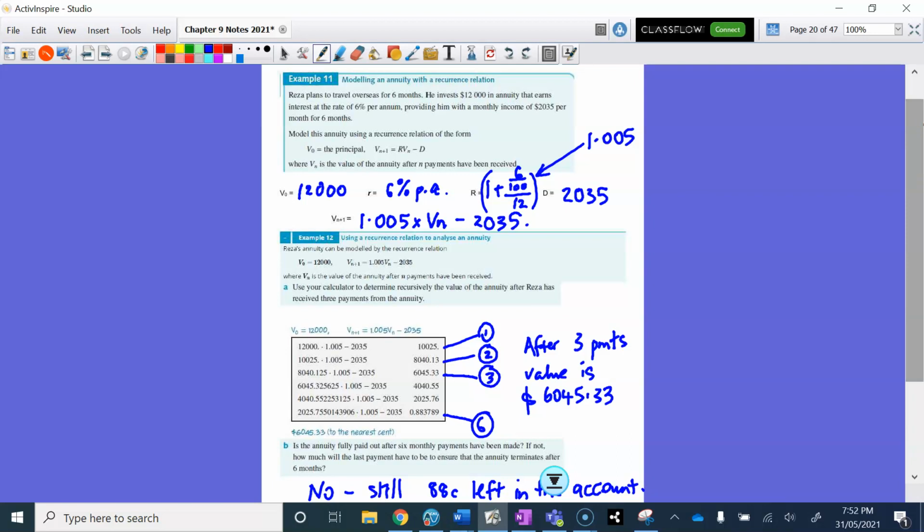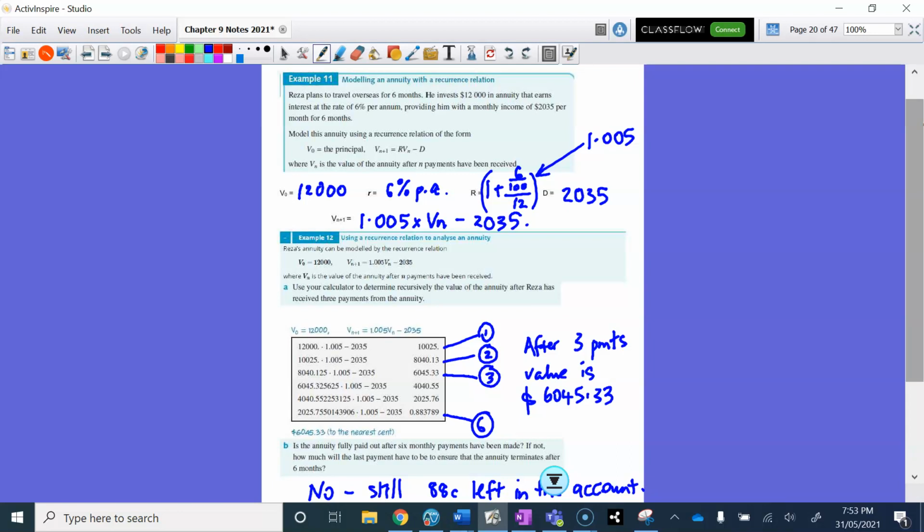So in this example 11, you can see this person, Reza, plans to travel overseas for 6 months. What he's doing with this investment is investing $12,000 in an annuity, and while the money's in the annuity, it is earning interest at a rate of 6% per annum, and then he's taking a monthly payment of $2,035 per month for a 6-month period while he's on holidays.